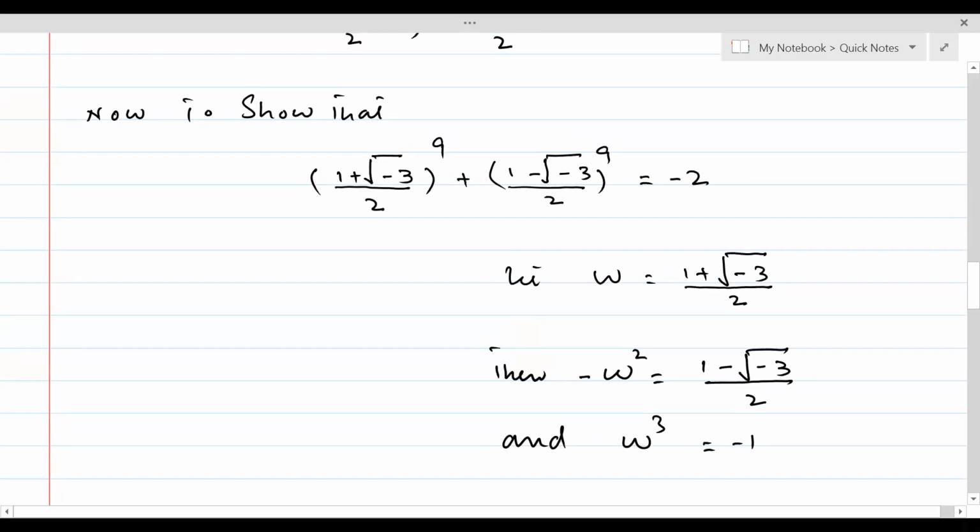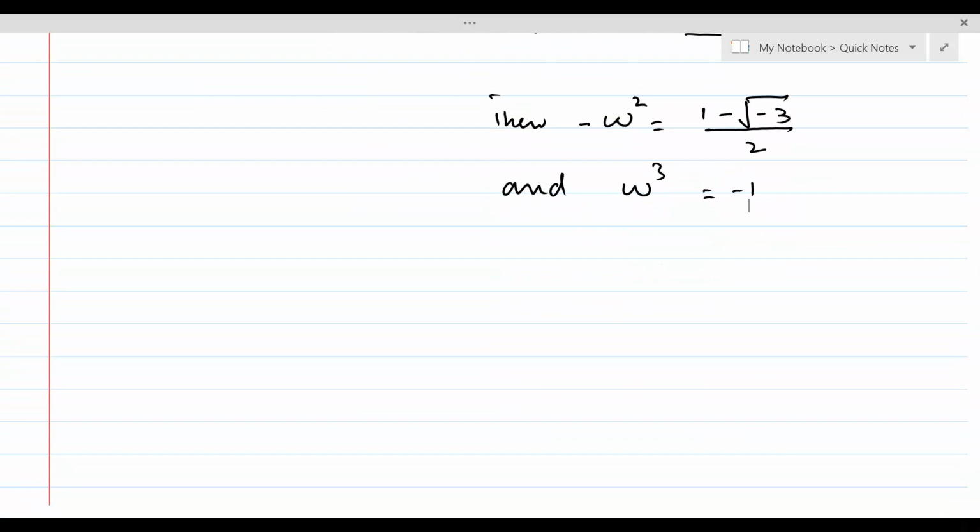So using these relations, which can be proved, we will take the left hand side.